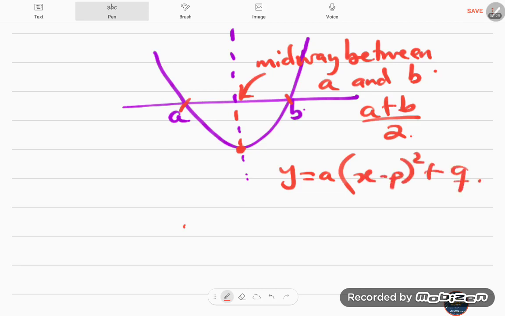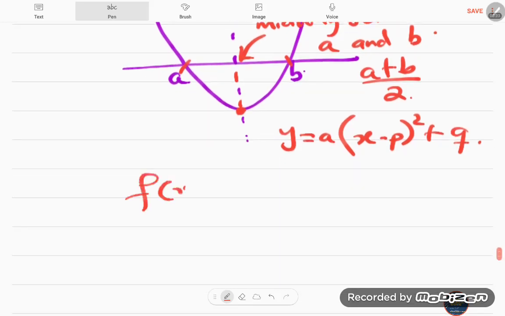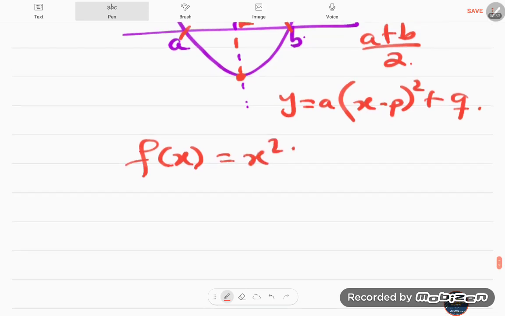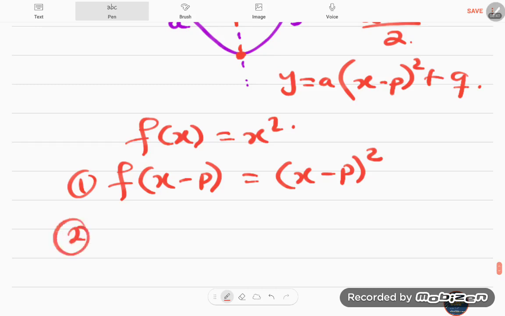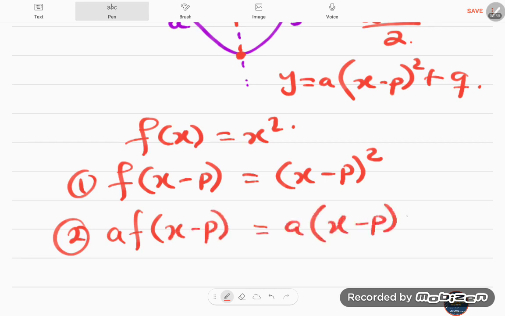This is where your transformations come in. You're starting off with f of x equals x squared. The first transformation is f of x minus p. This will give us x minus p squared. The second transformation is multiplying by a outside, which will give us that right there.